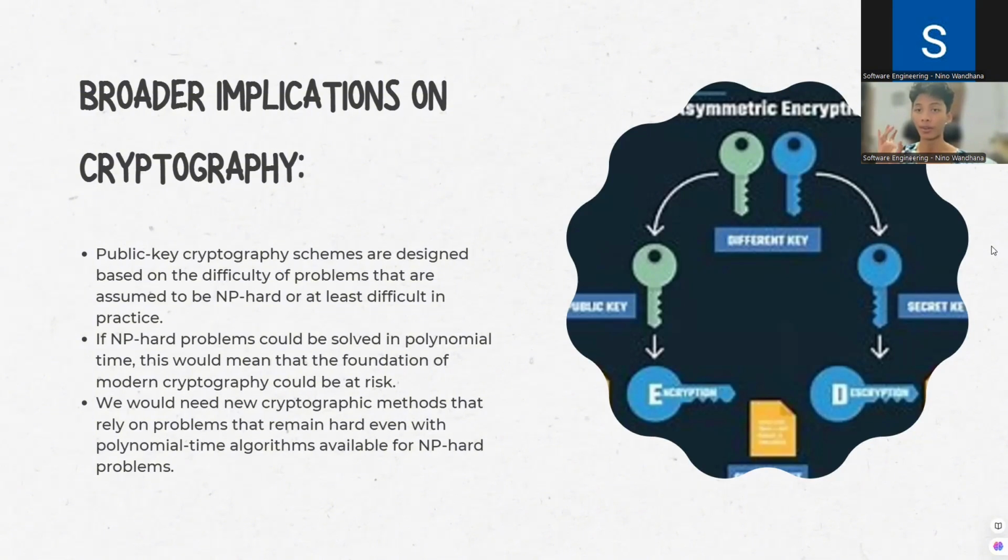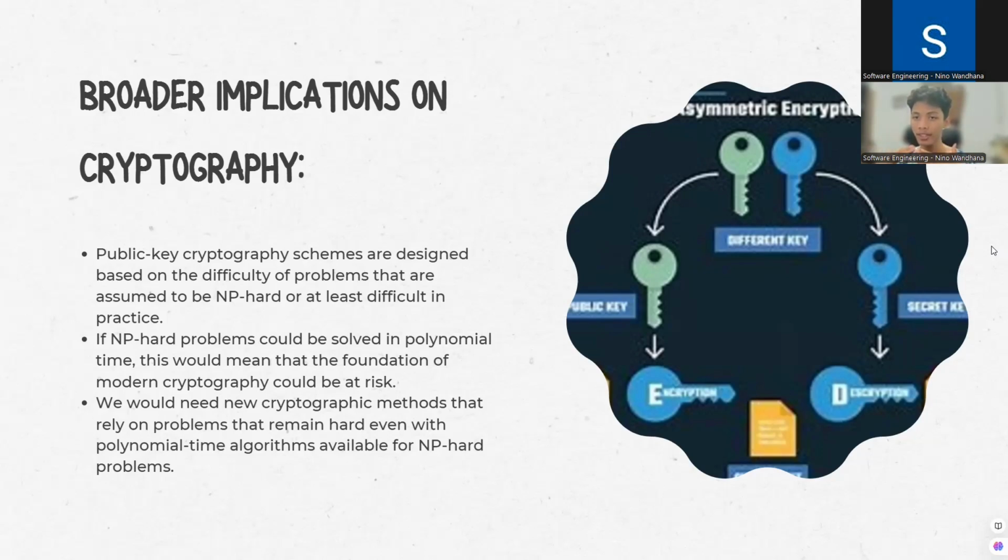Public key cryptography, a cornerstone of modern digital security, is designed around problems that are extremely difficult to solve. Many of these problems are assumed to be NP-hard or computationally intractable in practice. So, why does cryptography depend on this hardness?